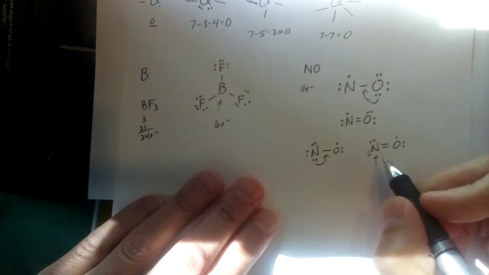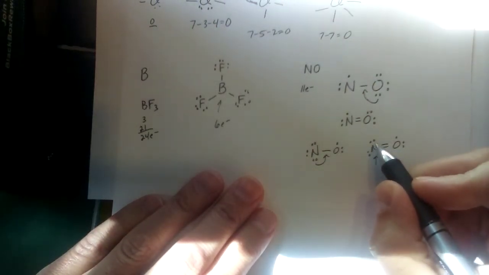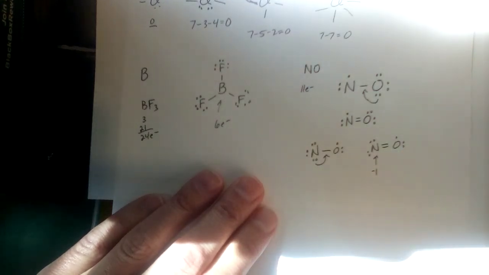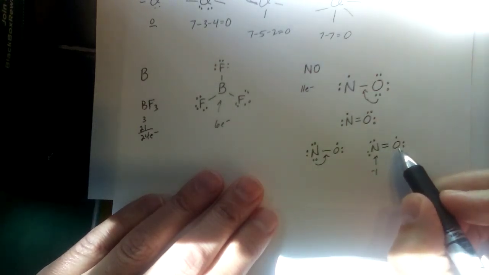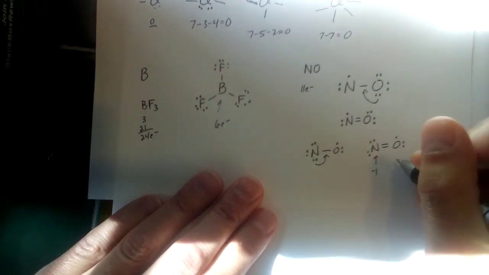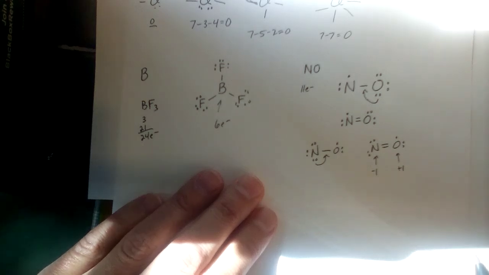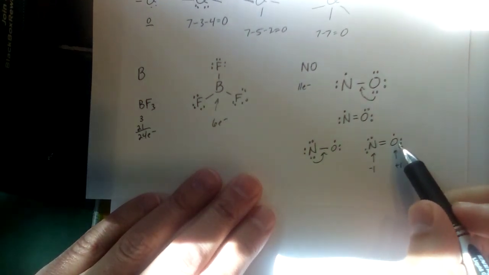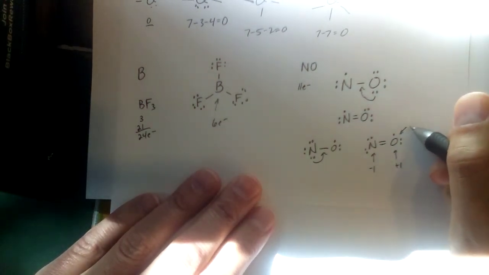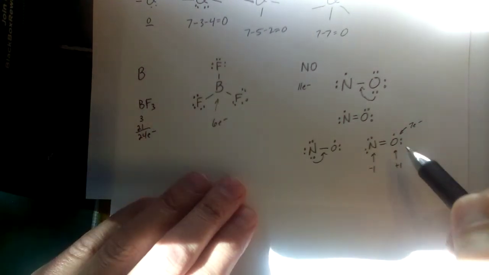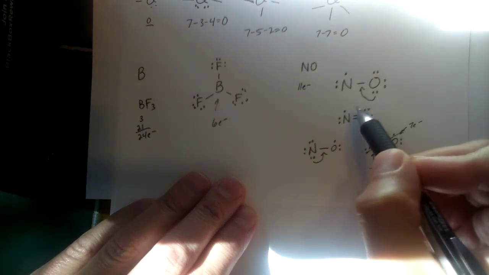Over here, I've got 5 minus 2 minus 4. That's actually a -1 for a nitrogen. Over here, 6 minus 2 minus 3. That's actually a +1 for the formal charge on my oxygen, and I still didn't satisfy the octet rule. I'm still at 7 electrons here. So not only did I not satisfy the octet rule, but I got weird formal charges that I don't want. So this is not a good representation of the structure.